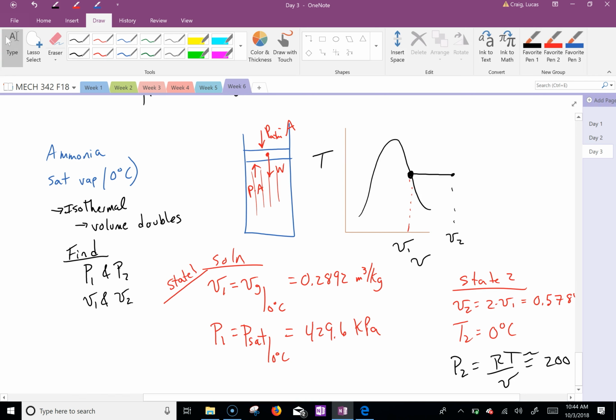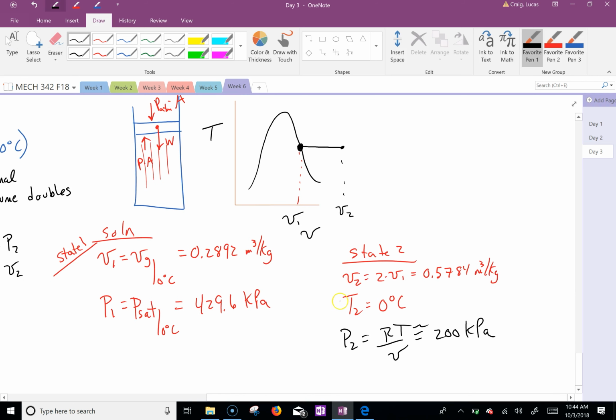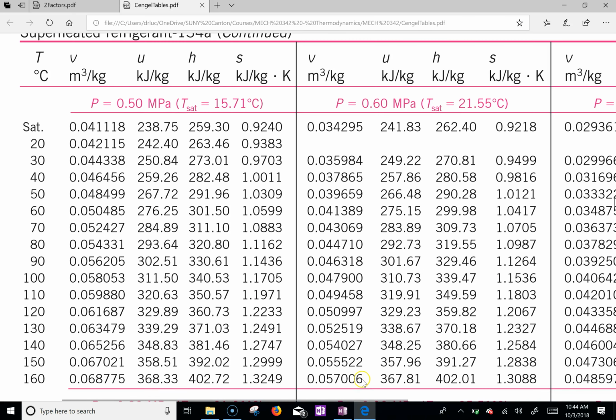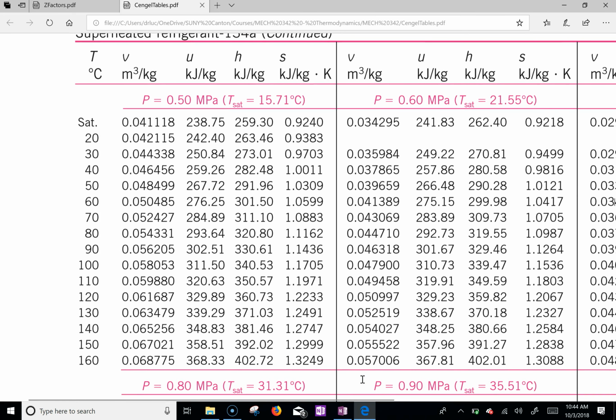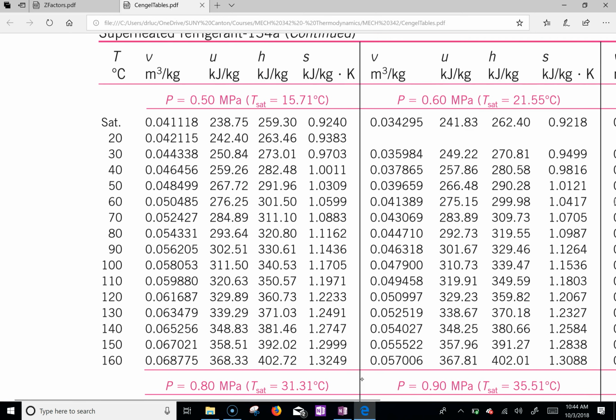It does make sense. I guess I was just confused. You said, so how would we find P2? You just go to superheat tables, and what you need to do is you have to know your temperature. So let me show you here. So here's the superheated tables, right? What you need to do is, say we're at 40. Say we're at 40 for temperature.